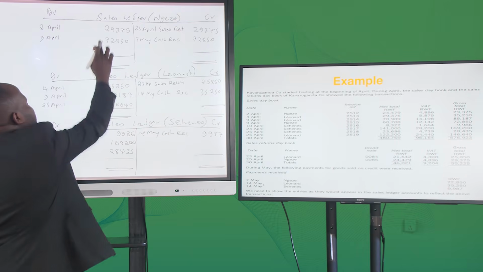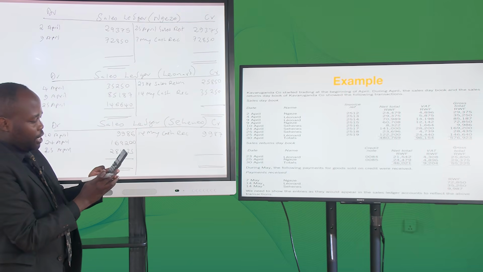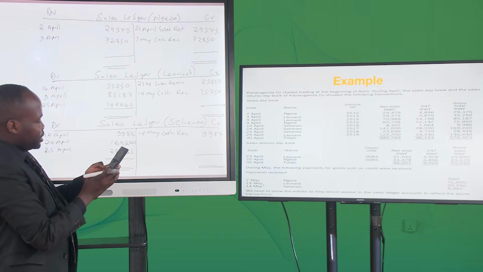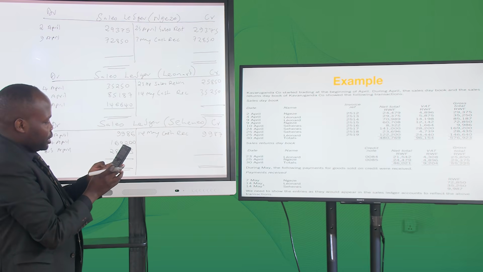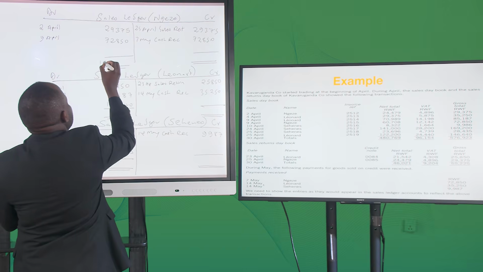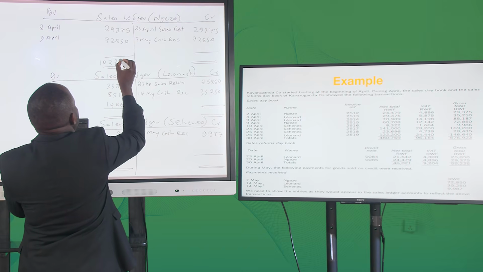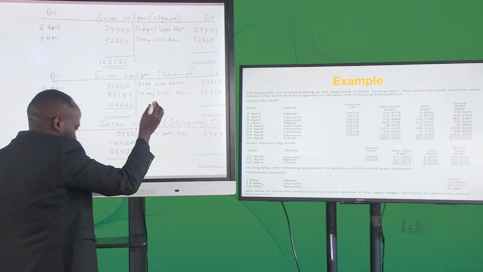We get the summations of the debits, 29,375 plus 72,850. That gives us 102,225.